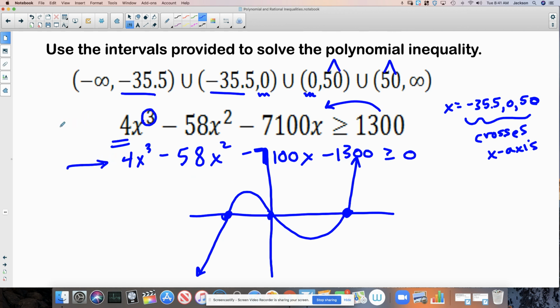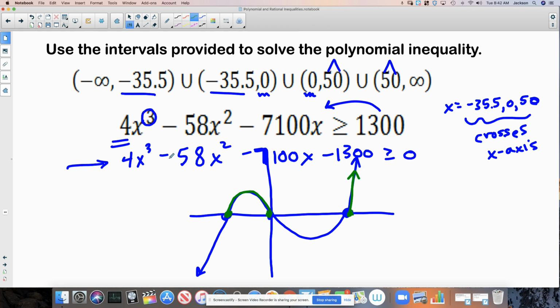The zeros of this inequality might be a little different, but when we set this equal to 0, that's where we're seeing these values. Now, where is this function greater than 0? Where are the values greater than 0? From here to here, and from here and up.